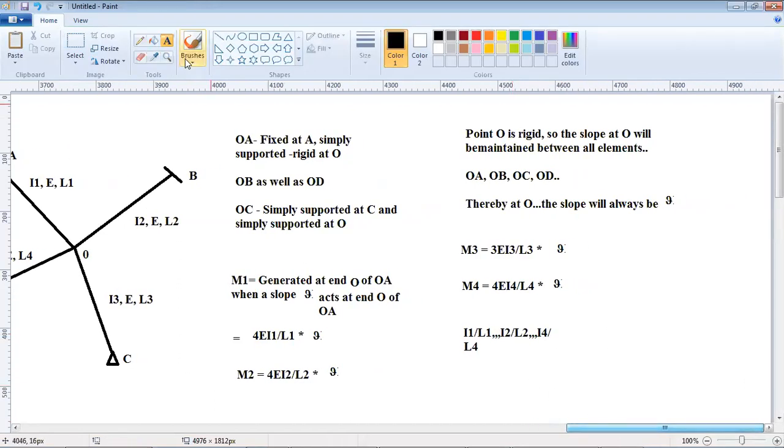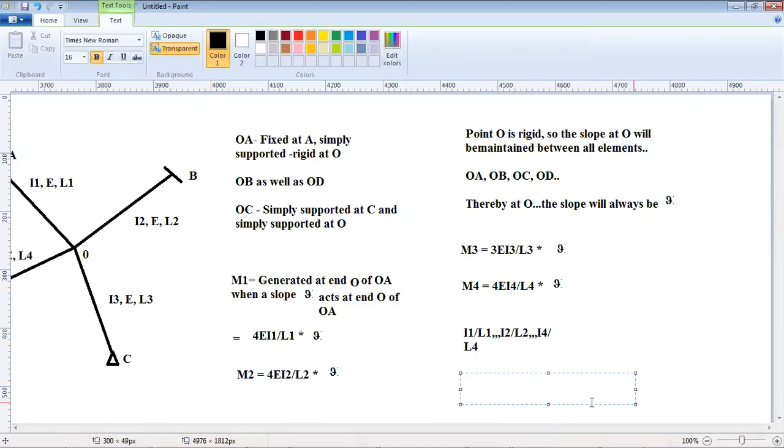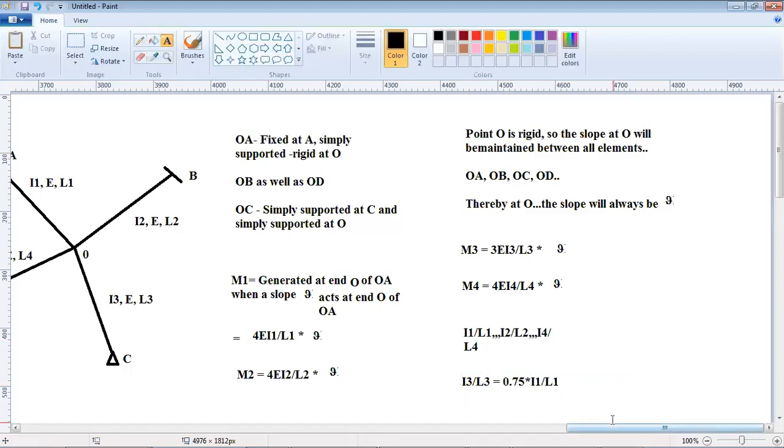Now I3 by L3 is actually equal to 0.75 times, it's 3 by 4 times, what we are getting above, I1 by L1 or I2 by L2 or I4 by L4.